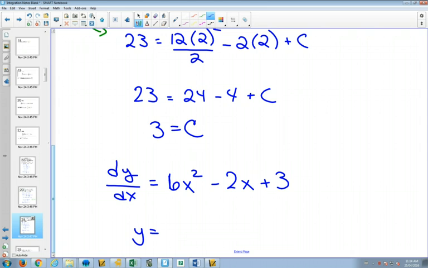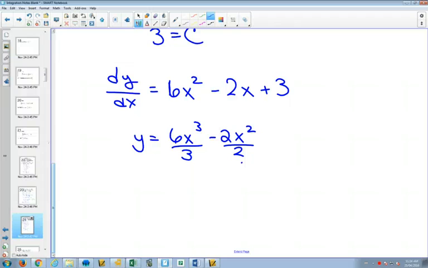And now working backwards again, we can integrate again. And since we used the letter c already in this question, we've got to choose a different variable because c and d do not have to be the same. And now we know that our original function passed through the point (2, 13). It was 13, right?